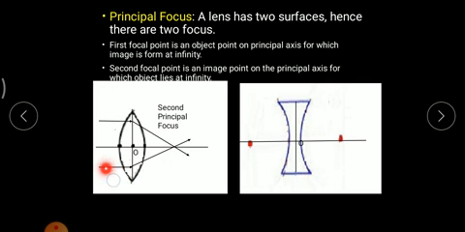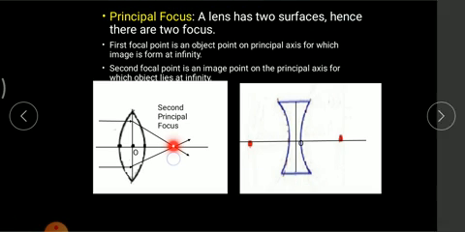A similar thing is happening over here. This is another incident ray. At this point of incidence, refraction is occurring and the bending is towards the focus. This incident ray is parallel to the principal axis. The refracted ray will pass through one particular point.